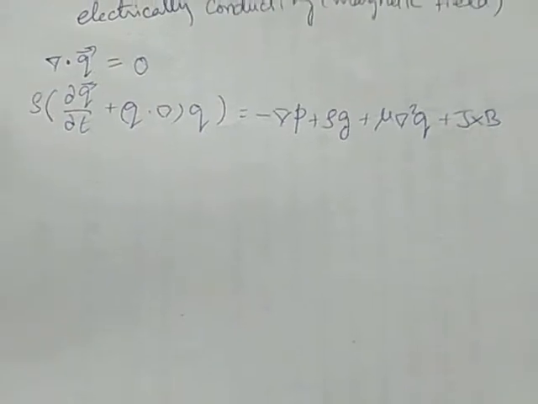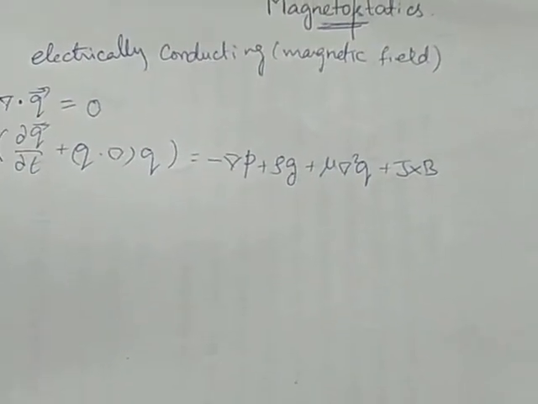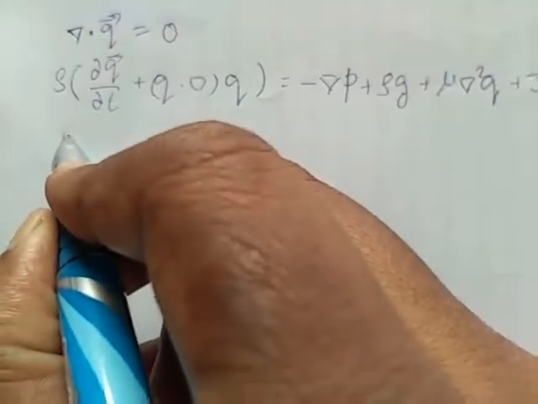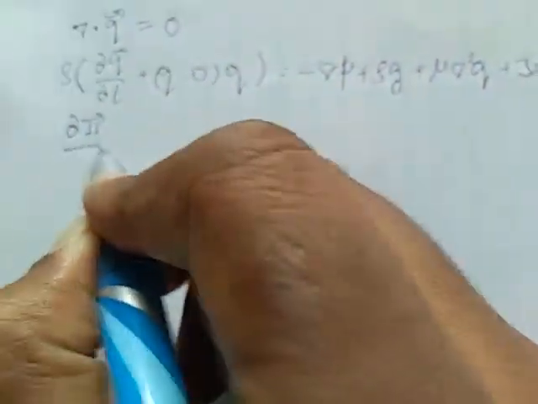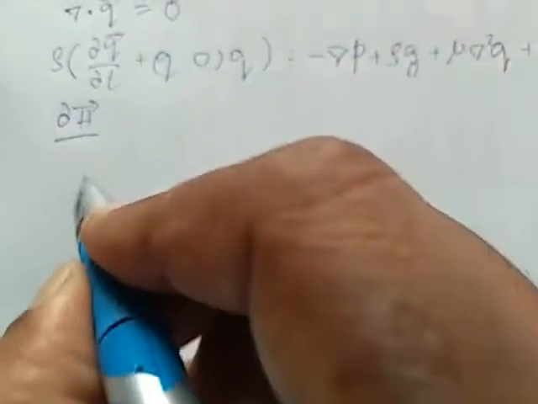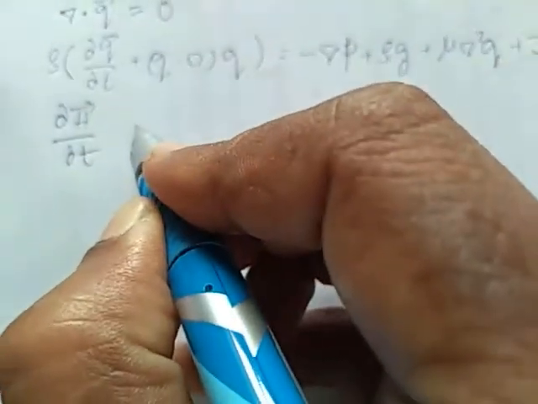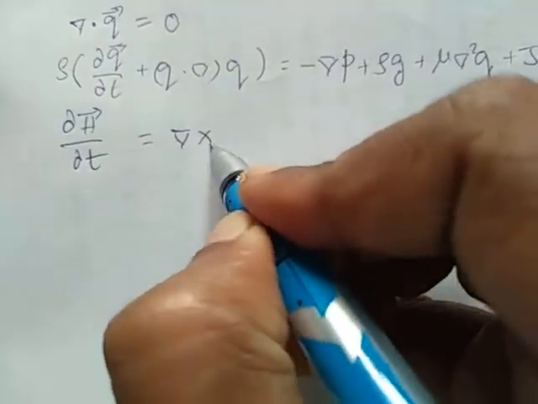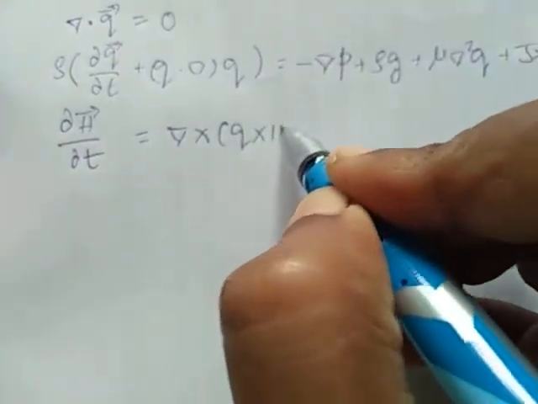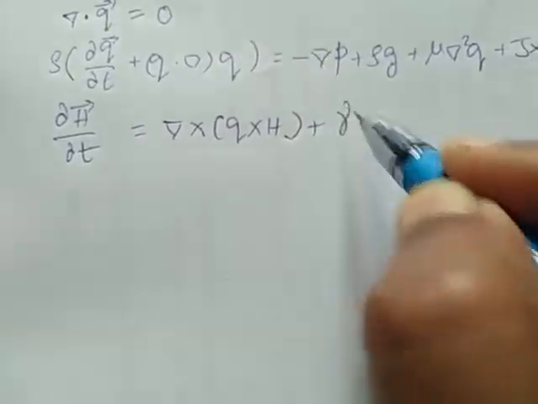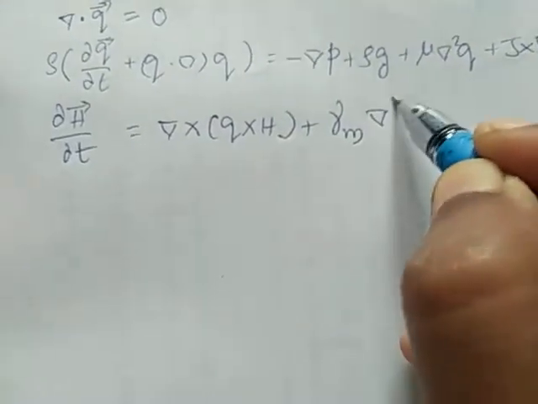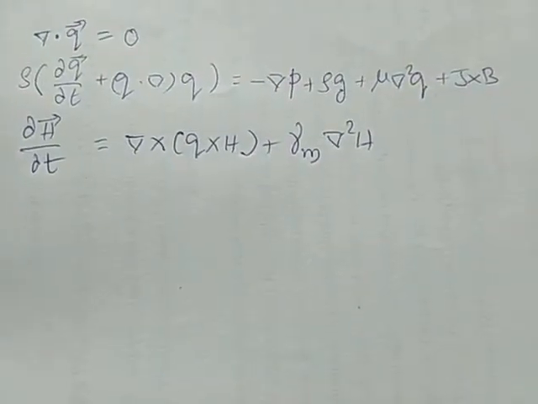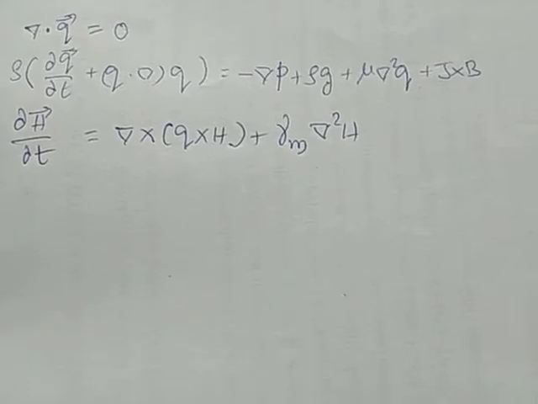So in the presence of a magnetic field, this is our momentum equation, and the magnetic field equation is dou H by dou T is equal to del cross Q cross H plus nu m del square H. So these three equations are our basic equations of magnetohydrodynamics.